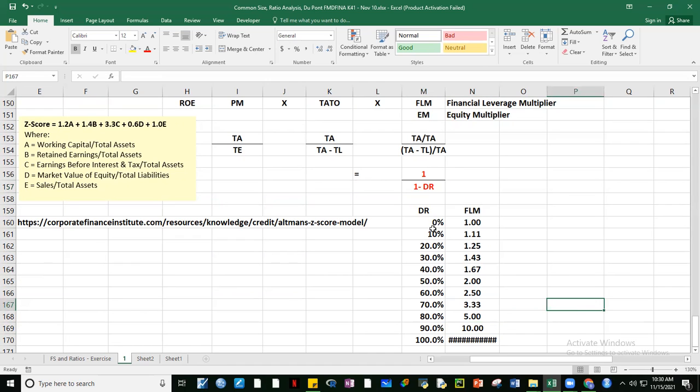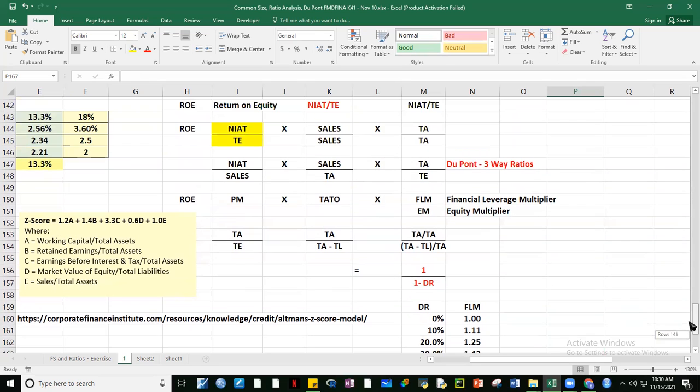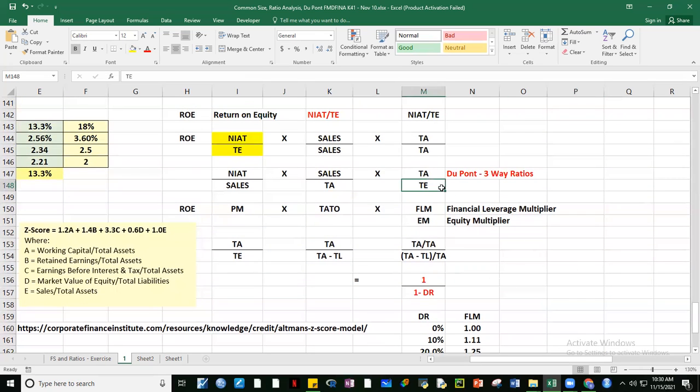So habang lumalaki yung debt ratio, habang mas malaking debt ang ginagamit natin relative to equity, tumataas yung FLM natin. Pag tumaas yung FLM natin, pwedeng tumaas yung return on equity natin. Okay? Well, kasi kung titingnan natin yung formula na to, guys, pag lumiit yung total equity natin, assuming na pareho lang si total assets, di ba? Lalaki yung quotient na to.